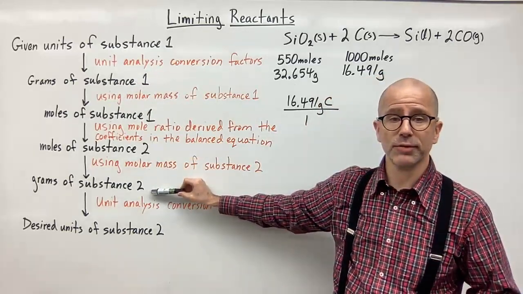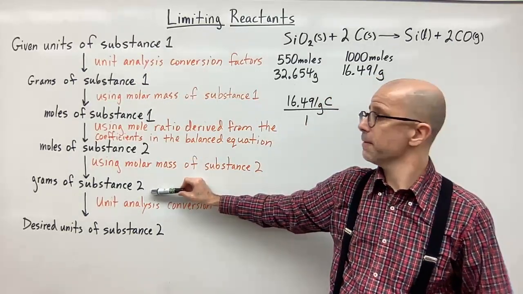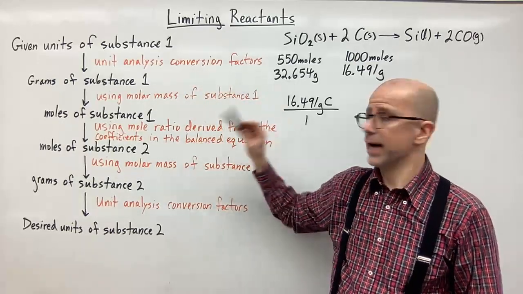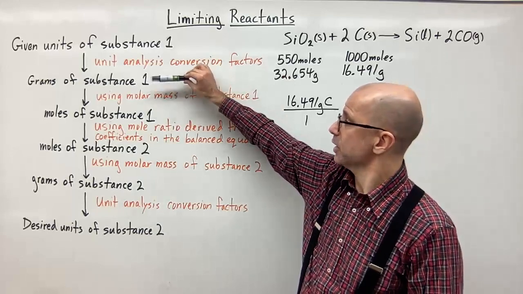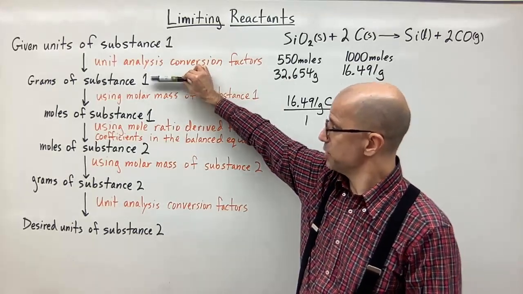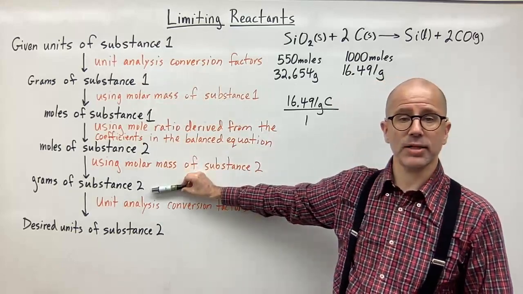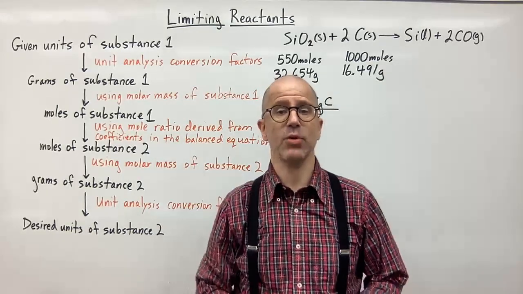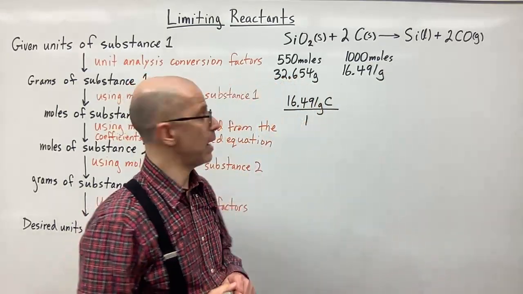Usually they want you to convert to the mass of another substance. So we'll do that with both of the reactants. We'll take the first reactant and convert it from grams of that substance to grams of the product. And then we'll do the same thing with the other reactant and see which one gives us the lesser amount.